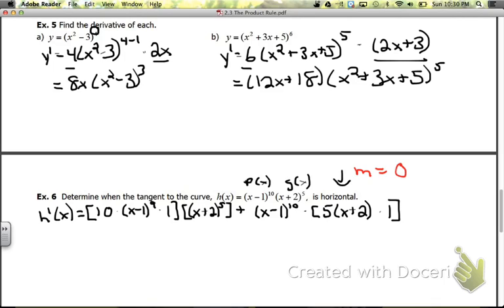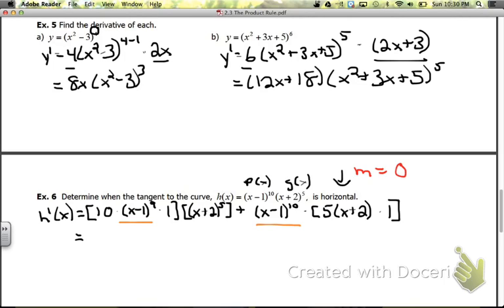Now we can go ahead and factor out a few things that are similar in both sets here. We notice that you have an (x minus 1) to the power of 9 and an (x minus 1) to the power of 10. But let me also mention that we're not actually worried about multiplying the 10 by 1 and the 5 by 1 because it's just going to be 10 and 5.